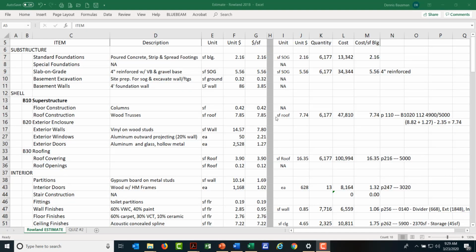Okay, let me continue on now. Let me show you, and again, I've adjusted this over here. What you're seeing on this right-hand column, I'm trying to give you some notes to let you know what I'm doing here. So in this case, I'm saying go to page 110 of the assemblies pricing.